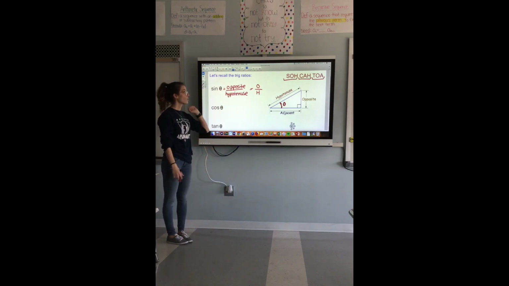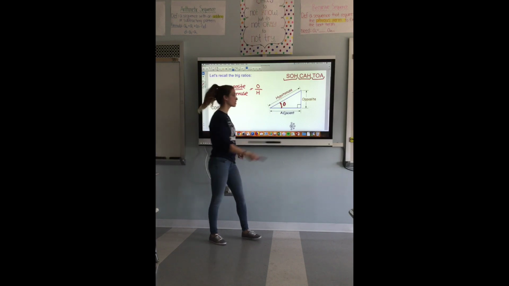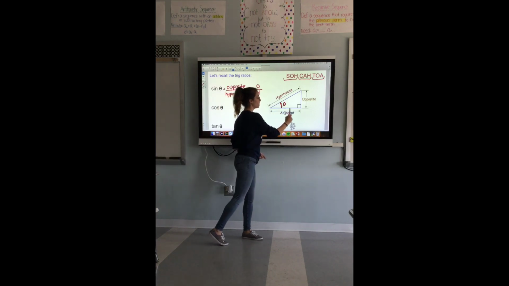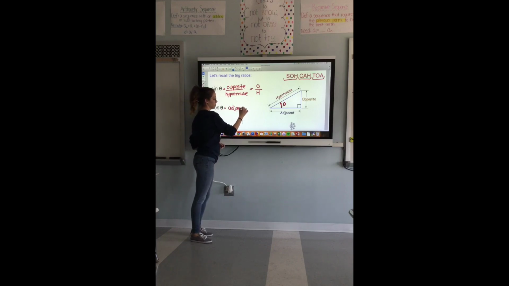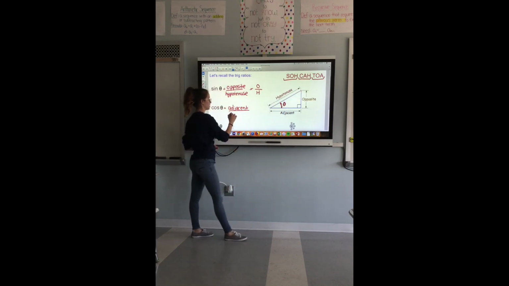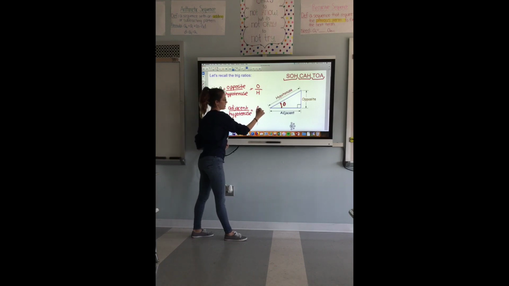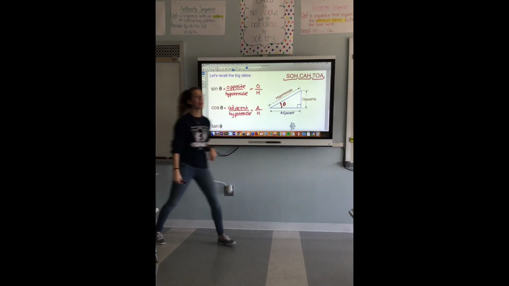Okay? Cosine. Cosine is the adjacent side. Adjacent means next to. So here's our angle. This is the side that's next to our angle. So this is equal to adjacent over h, which is again our hypotenuse. Or for short, A over H. And lastly, we have tangent.